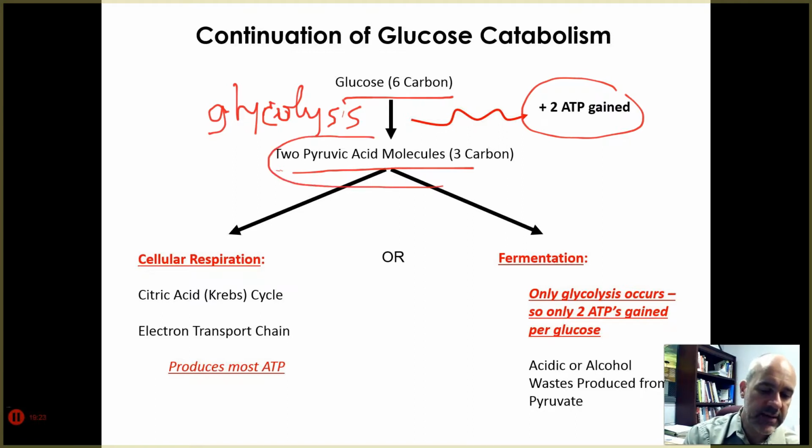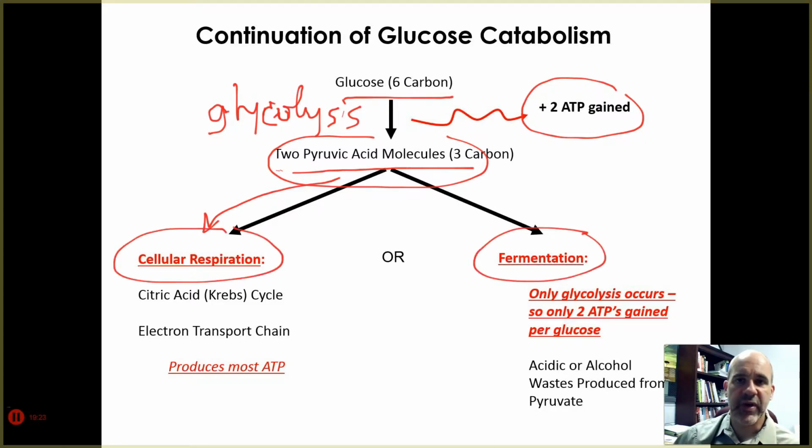Those pyruvic acids will then feed into either cellular respiration or fermentation. And as we'll see, not all microorganisms can do fermentation. Some can and some can't. That'll actually be the basis for some of the lab tests you run on your unknown bacterial organism during the lab simulations. Then also, actually, some organisms can't do cellular respiration, as we'll see.